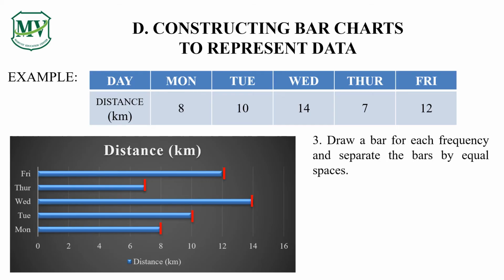Step number 3. Draw a bar for each frequency and separate the bars by equal spaces. Okay, let's draw the bars like this. And then separate the bars with equal spaces.